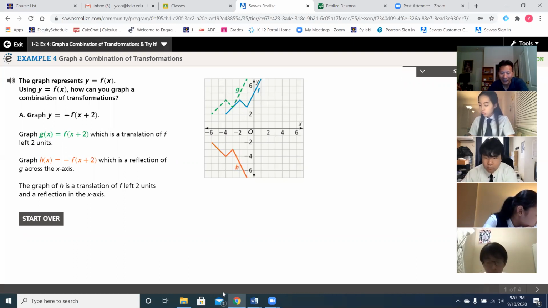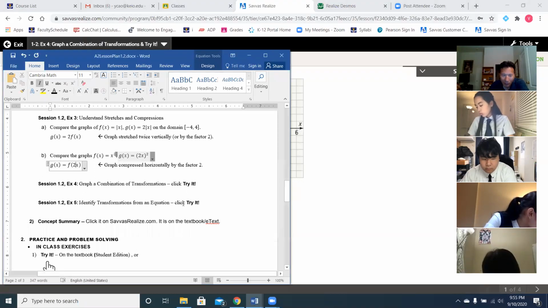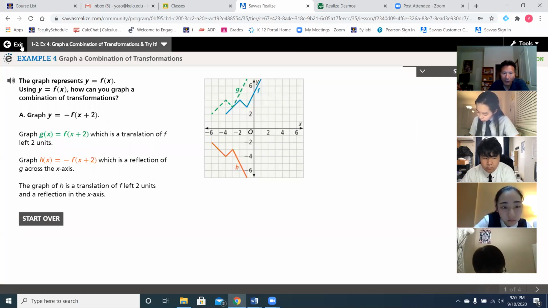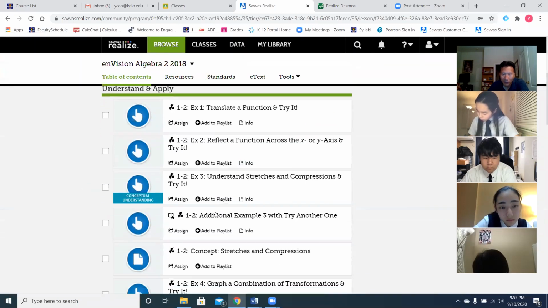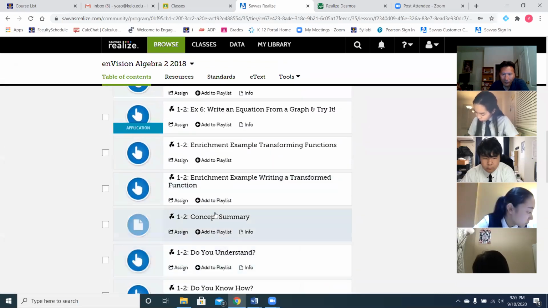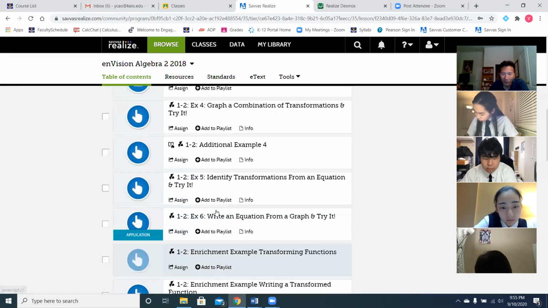We're going to move on. Let's see the next example, example 5. Where's my example 5? Oh, here you go.